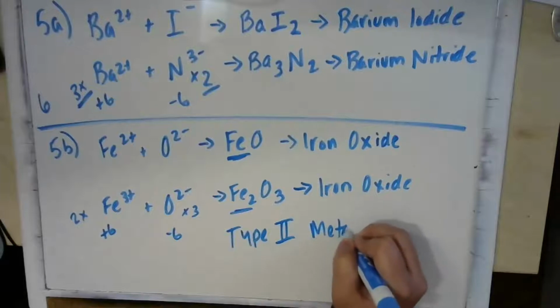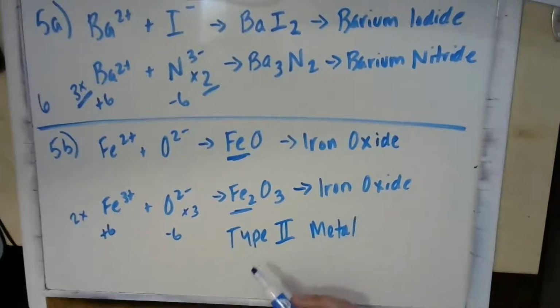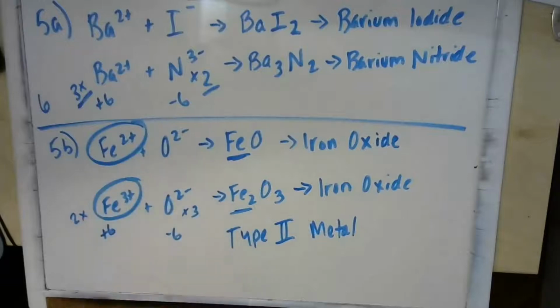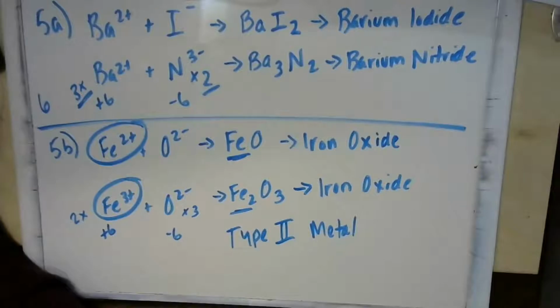And if you have a type 2 metal, you're going to end up with different combinations of elements. Okay, and those combinations are different based on the charges of the cations that make up the compounds. All right, so that's what we're going to look at in this next section.